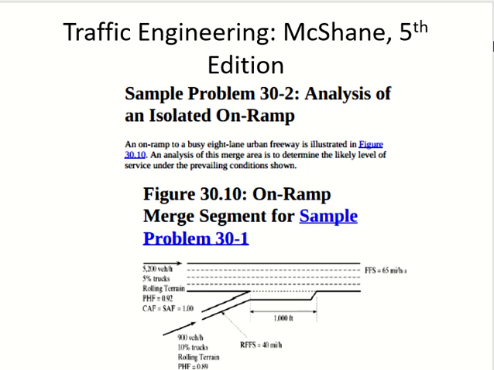Okay. This was an example which we are looking at, and I told you, you have to find out the flow rates, right? The flow rates for the freeway and the ramp.